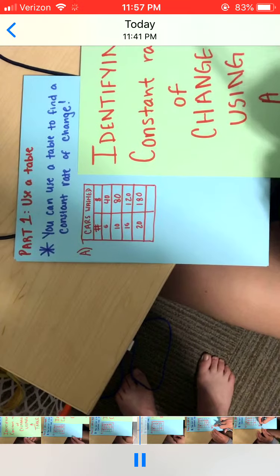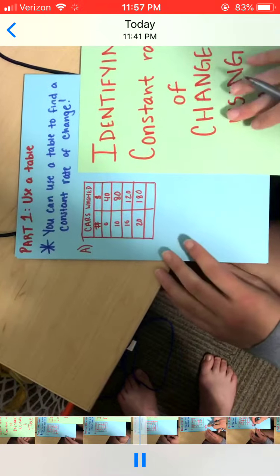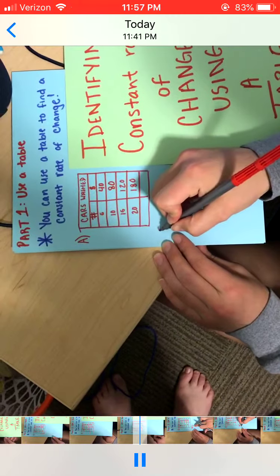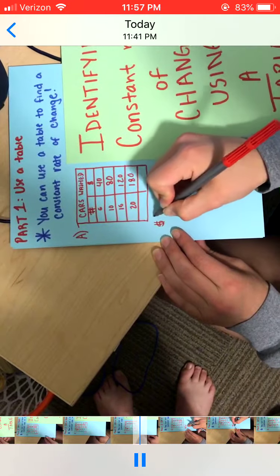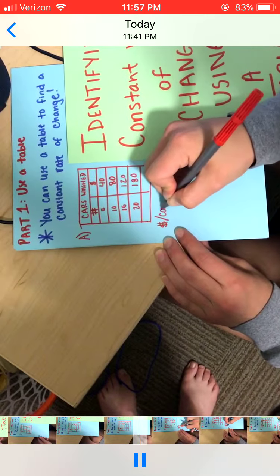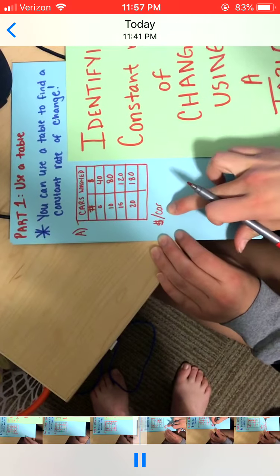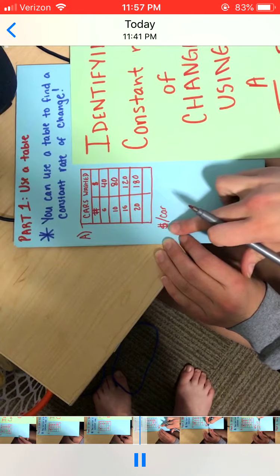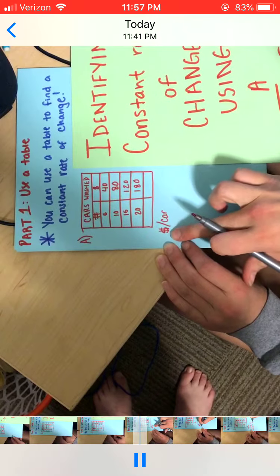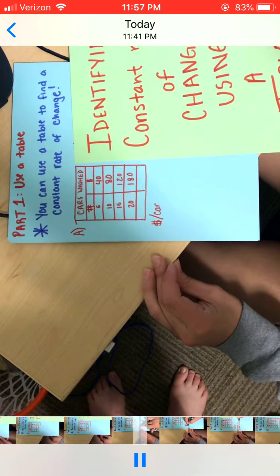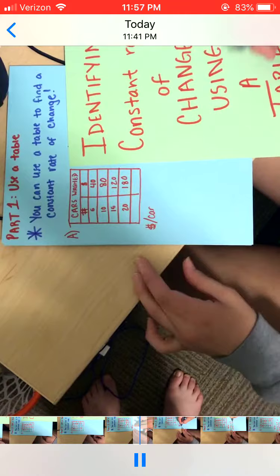So if I say to someone, we want to figure out the dollars per car, if we're writing that in labeled math form, then we know that we are going to end up dividing the dollars by the cars. And that is how we are going to find the rate of change.